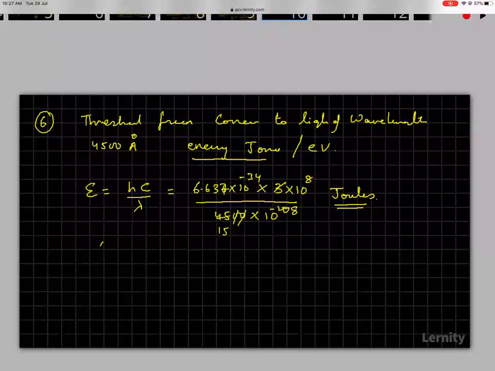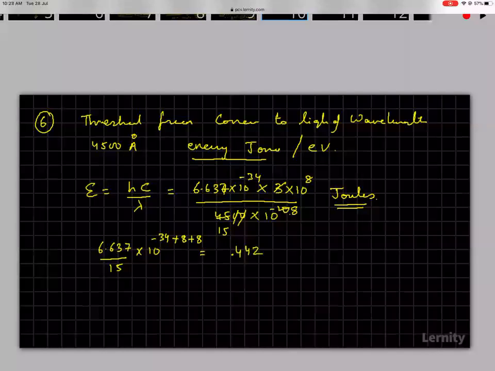So it is equal to 6.637 divided by 15 into 10 power minus 34 plus 8. This goes up and becomes plus 8. So 15 will go, 15 fours is 60, so 0.4, again 60, 37, 2.